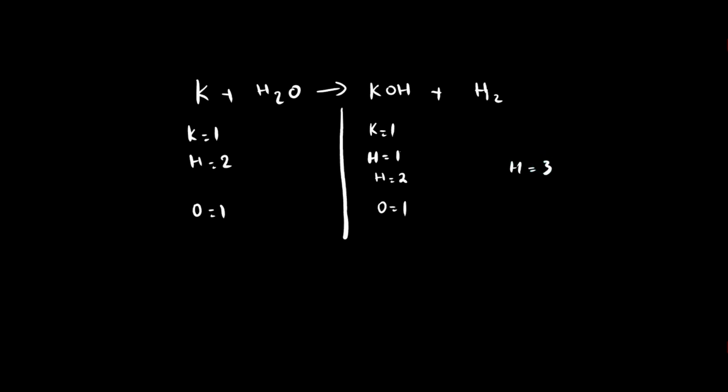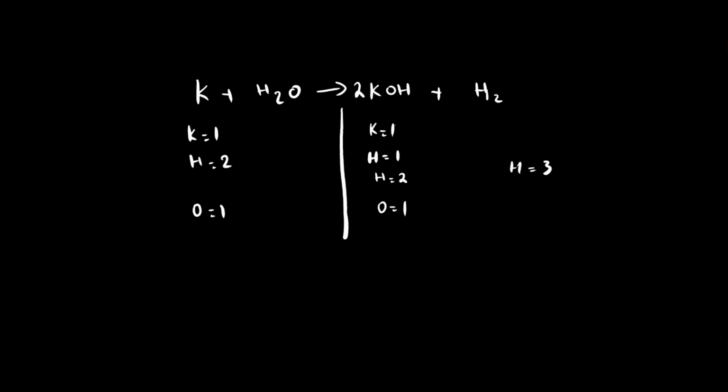So the way we're going to balance the hydrogen is, let's think, what number can we make the hydrogen total on the right hand side that is going to be compatible or divisible by 2. So let's say we introduce a 2 in front of the potassium hydroxide.